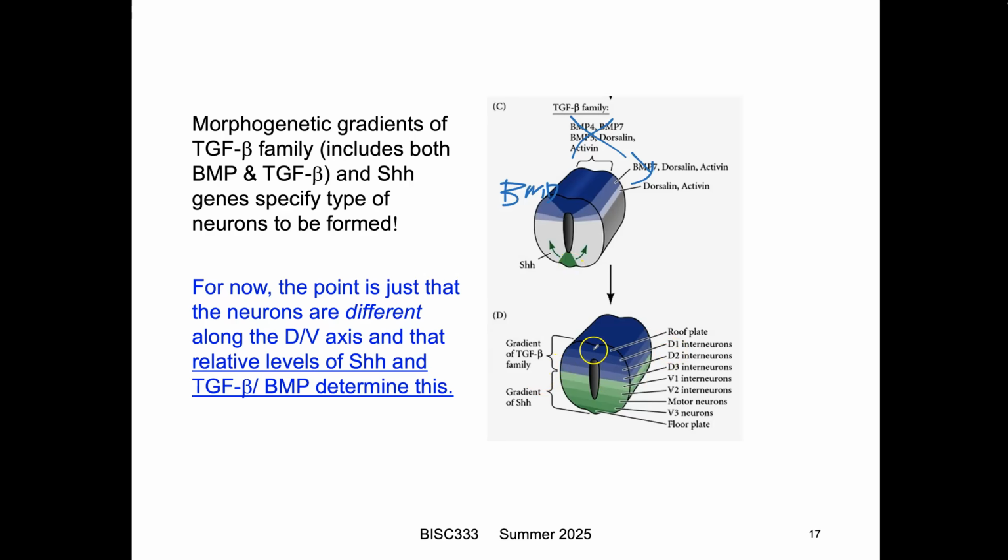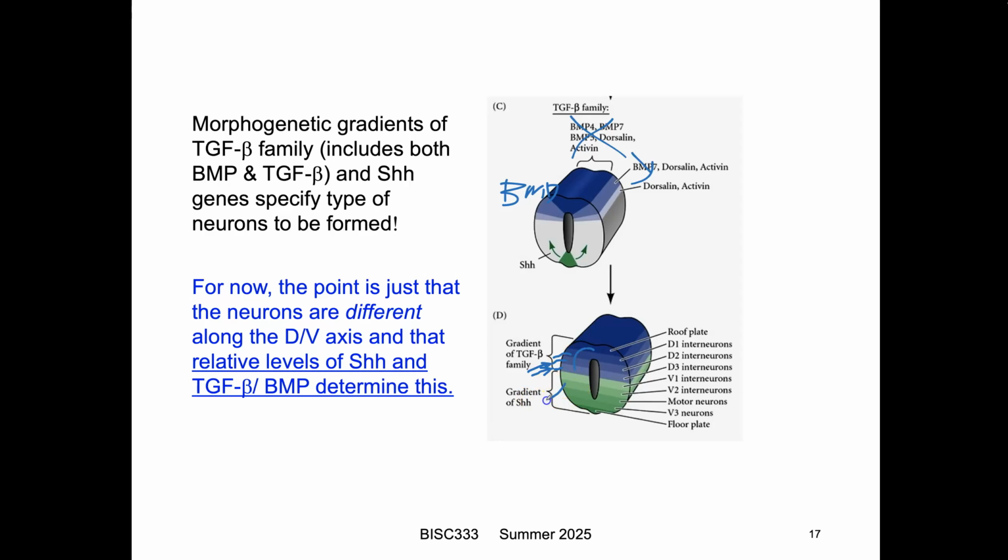So the idea is just to remember that as you move around the neural tube, there's all different kinds of neurons. The neurons that are innervating from sense organs on the dorsal side, different kinds, including some that actually connect the motor neurons and the sensory neurons.